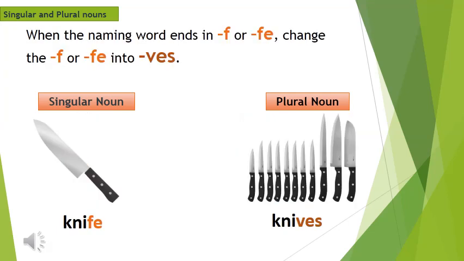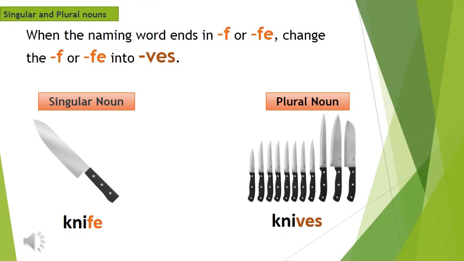Okay students, let's move towards the next rule, which is if the naming word ends with F or FE, we will remove F or FE and add VES to make it a plural noun. Look at the example.